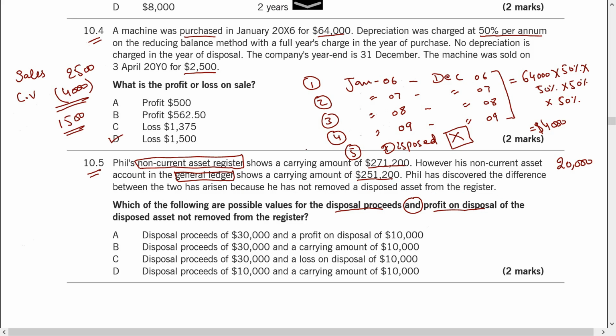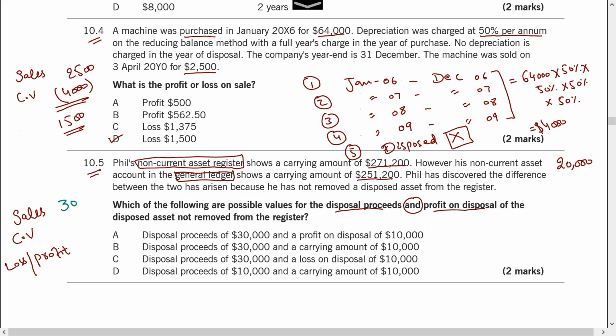So in order to solve this question, let's create this proforma. For example, first of all, we have amount of sales, then we have amount of carrying value, and as a result, we get either loss or profit. And one by one, we will check all of them until we find the correct option by putting their values into this proforma. So first of all, we have disposal proceeds of $30,000.